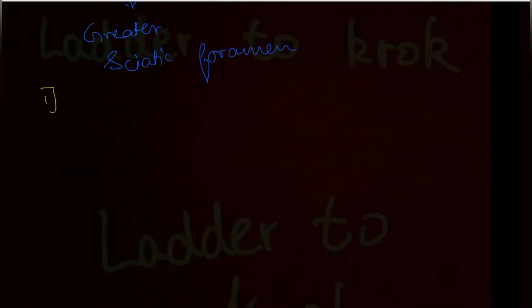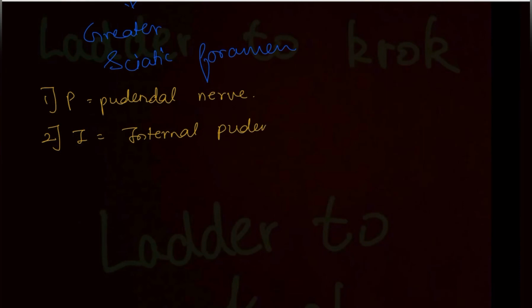Now let's move on with the greater sciatic foramen. The first is pudendal nerve, same as the structure which passes through the lesser sciatic foramen. Second is internal pudendal vessels. And third is nerve to obturator.